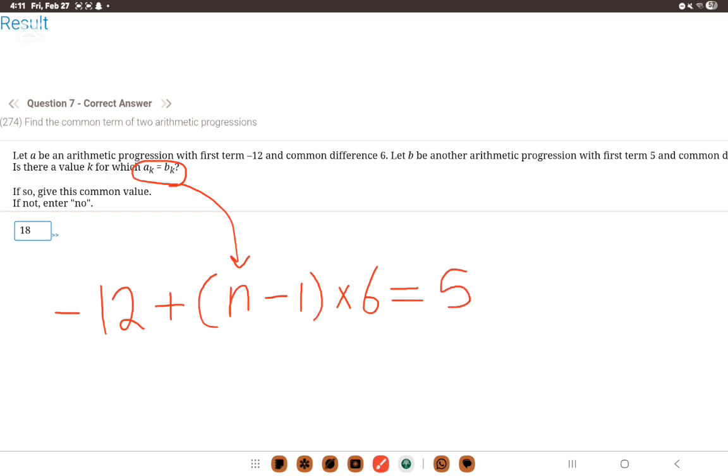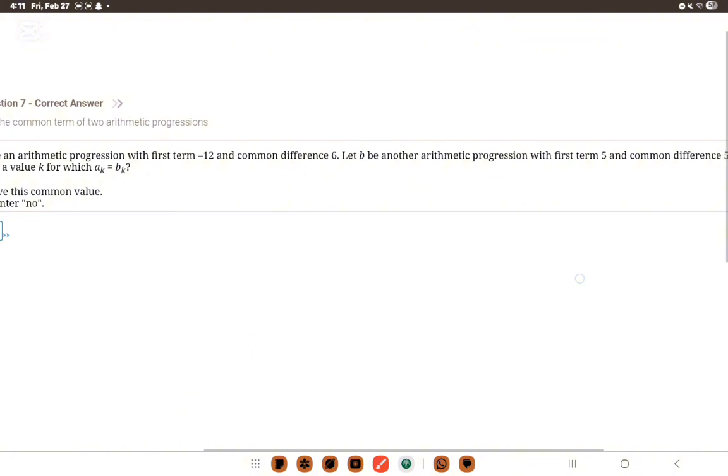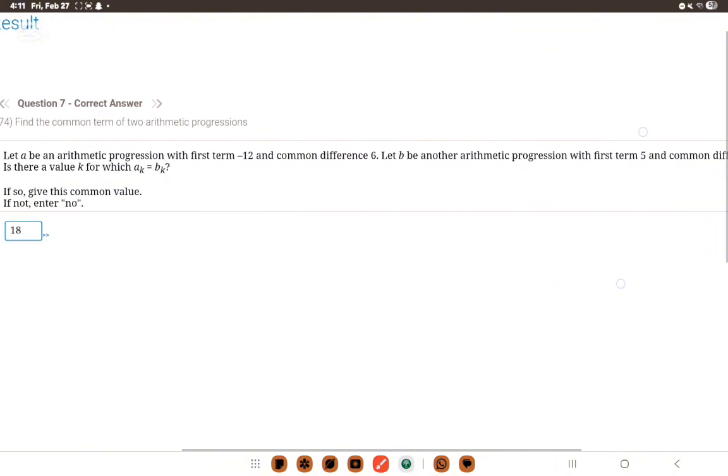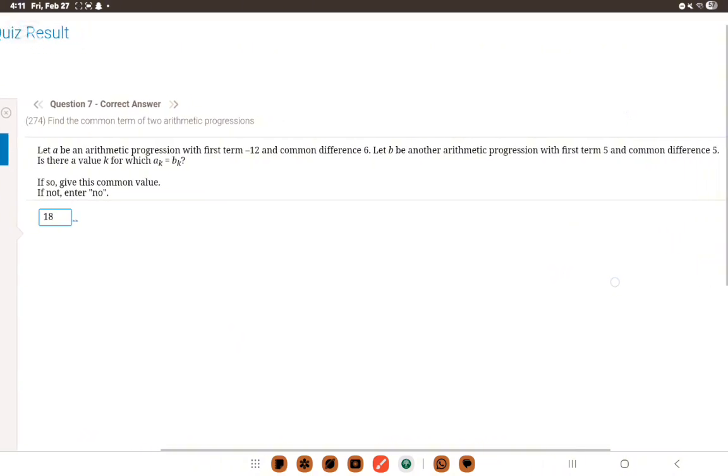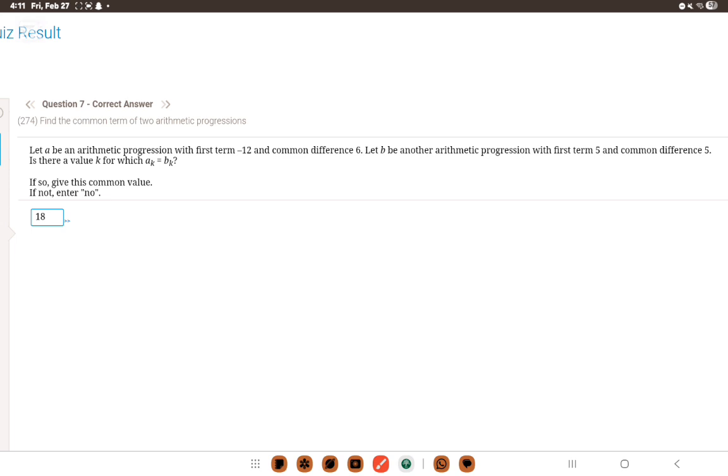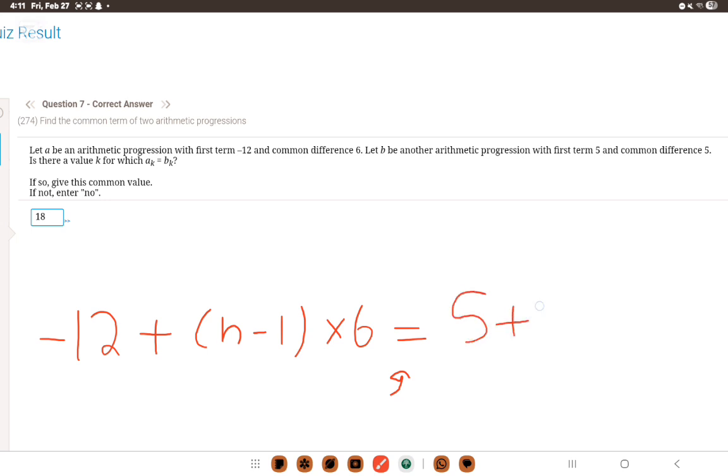Oh, I forgot to see the common difference. Oh my god, I'm going to have to rewrite this. Oh, common difference 5. Are you serious, bro? This is so annoying. Anyways, negative 12 plus n minus 1 multiplied by 6 is equal to, because we're trying to find the n, 5 plus n minus 1 multiplied by 5.